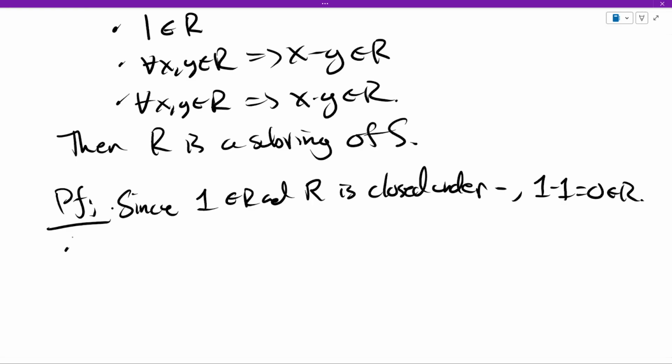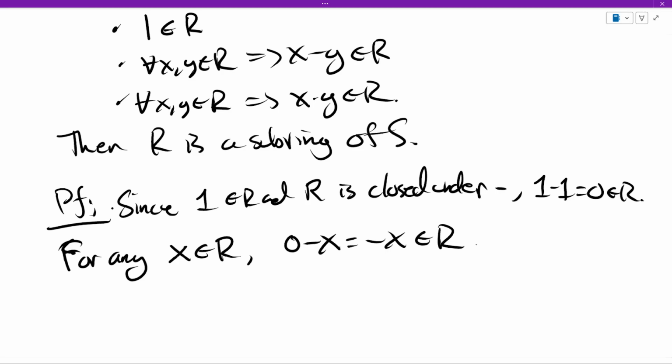Oh, sorry, one more thing. There's another check here. For any x in R, 0 minus x, which is negative x, is in R. So it's closed under additive inverses as well.